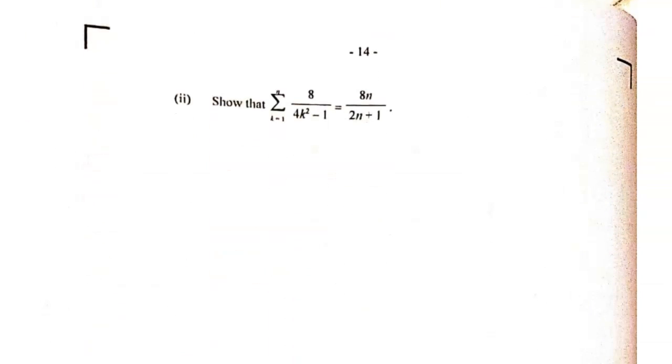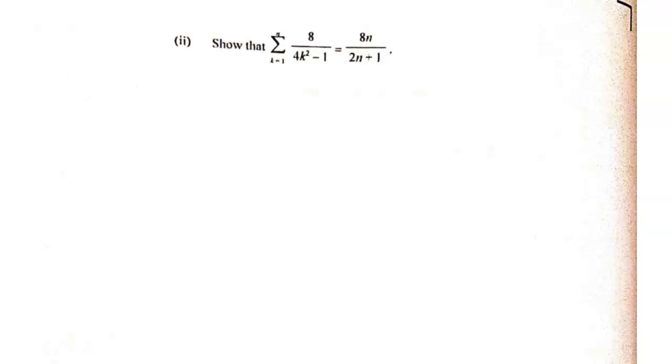Show that the summation from k equal 1 to n of 8 over 4k squared minus 1 is equal to 8n over 2n plus 1. So this I will use proof by induction. Remember I have the first three terms.